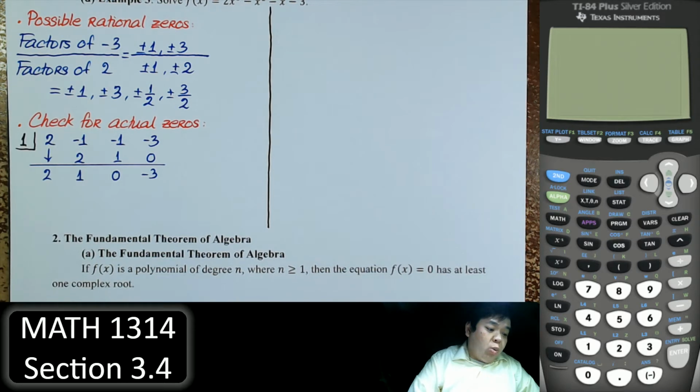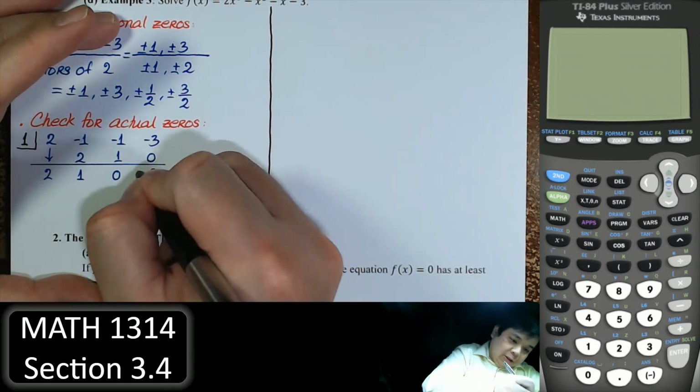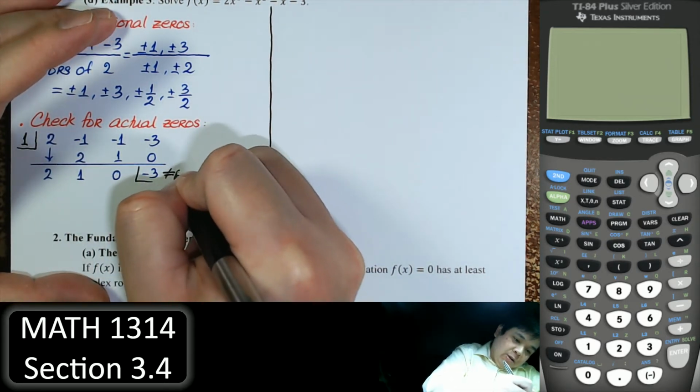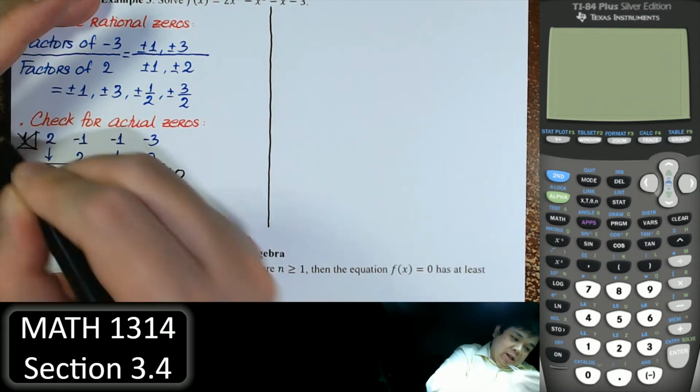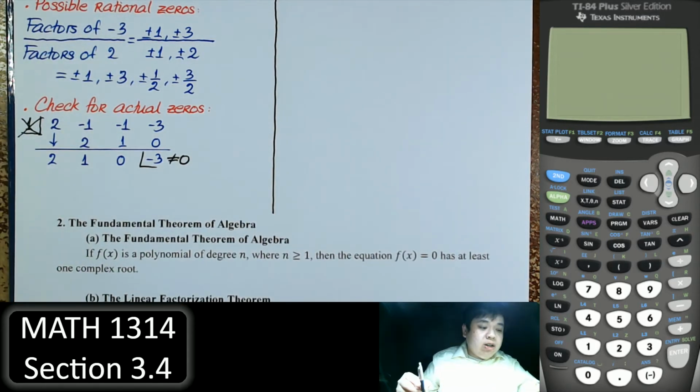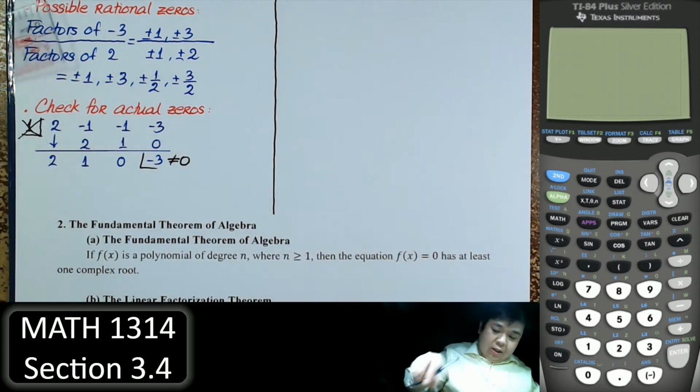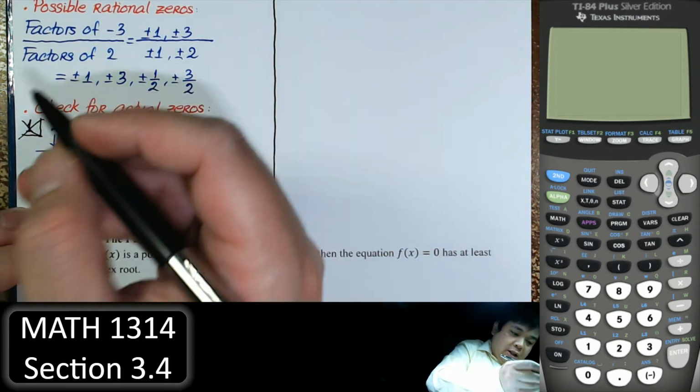So 1 doesn't work. It's not equal to 0, so this is not going to be a 0. Right? Try something else. Let's try 3.